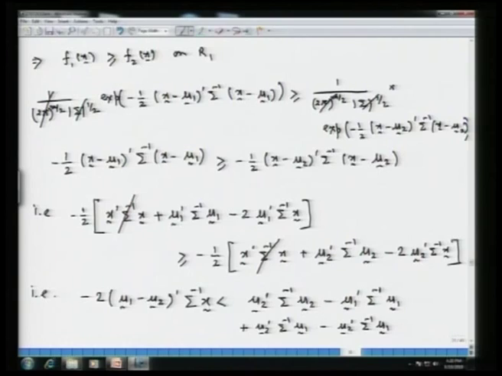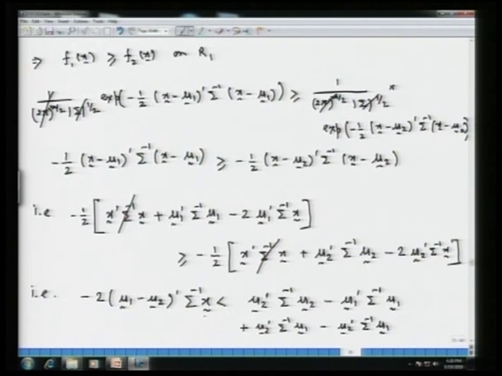The point in writing this in this particular form is that we are basically trying to show that this rule under a special structure in the prior and the misclassification costs is going to lead us to a rule which is known to us.